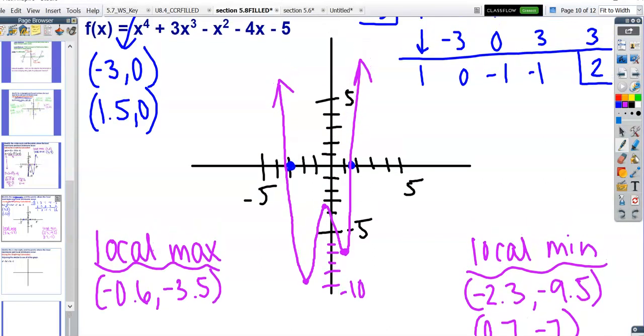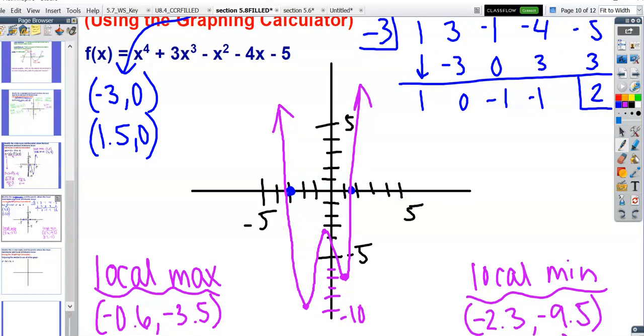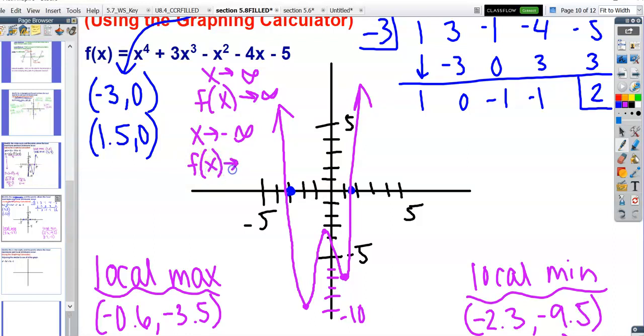And then again, this came from an earlier section in this chapter. Does it match what we would expect from the end behavior? Our leading coefficient is positive. So as x approaches infinity, f of x should also be approaching infinity. And as x is approaching negative infinity, because we have a degree 4 and 4 is an even number, f of x should be approaching positive infinity.